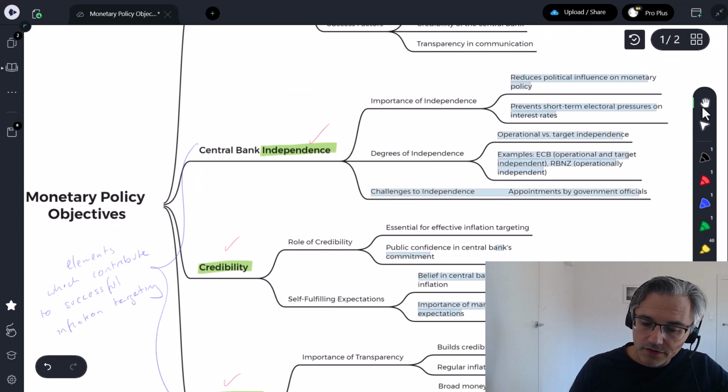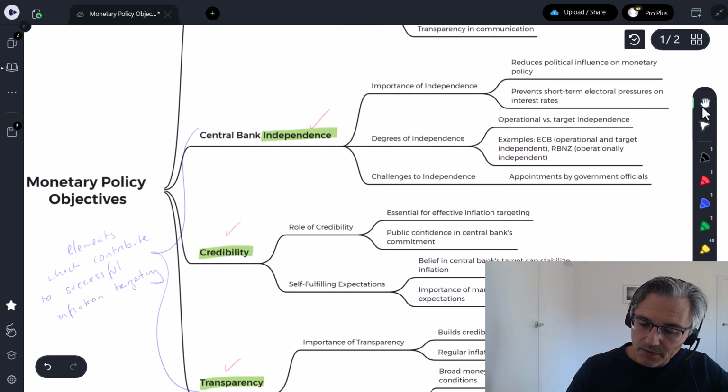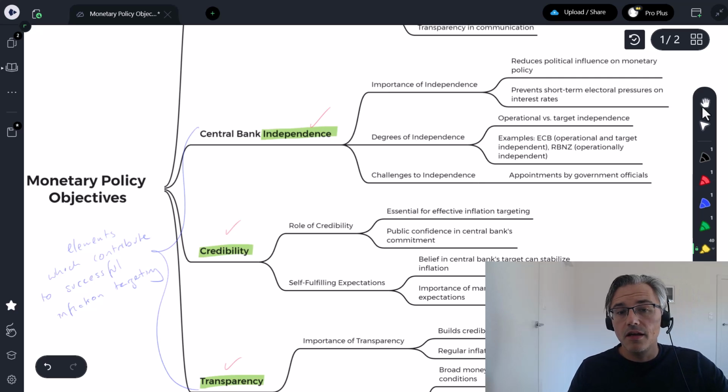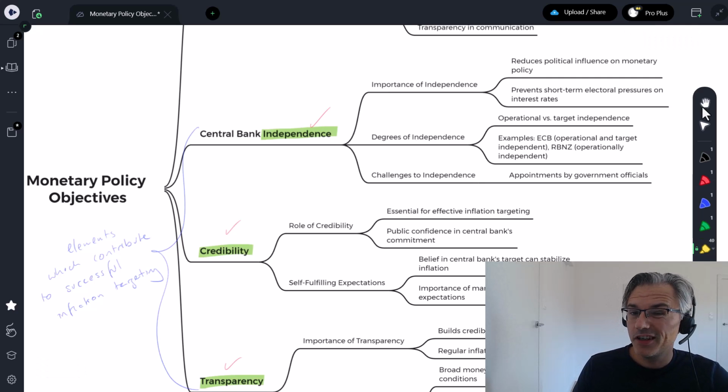So let's start with independence. When we talk about independence, we mean independence from government, from political influence, the influence of elected politicians.